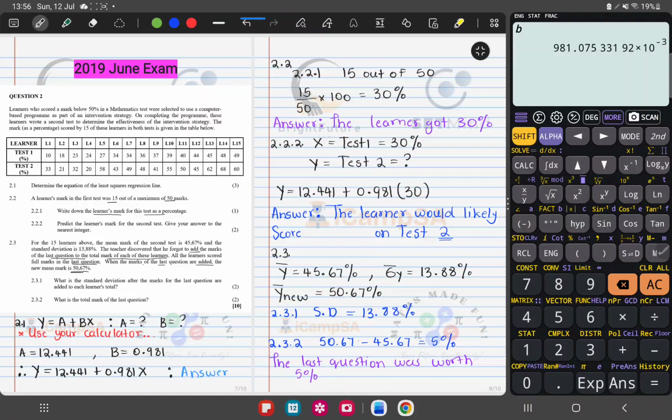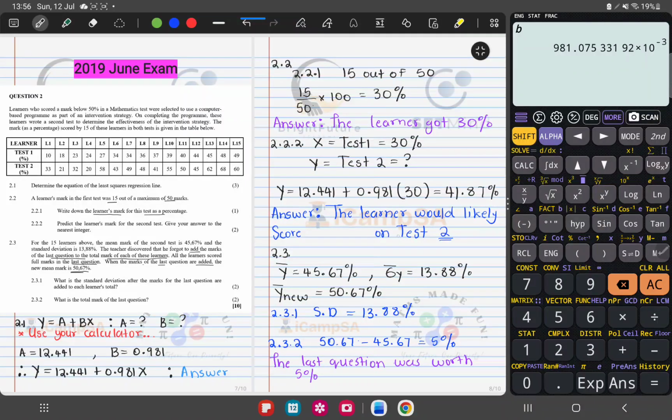Sorry, we have 30. Let me quickly use my calculator. I have 12.441 plus 0.981 times 30, and what I'm getting is about 41.87%.